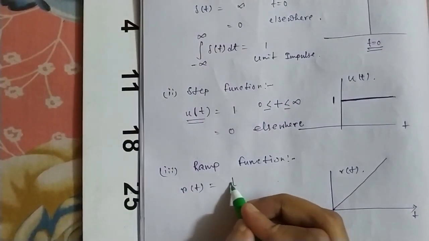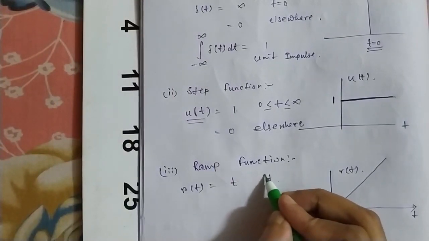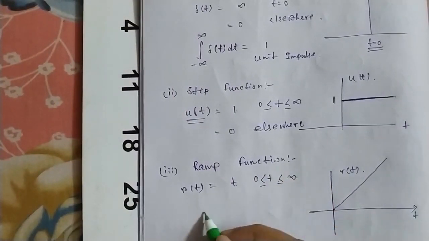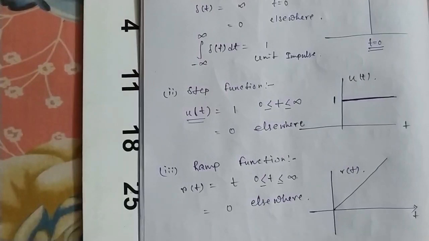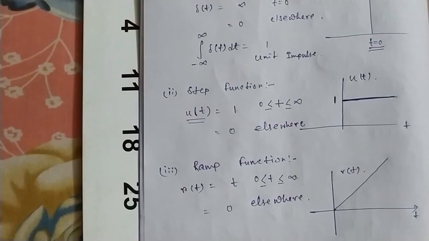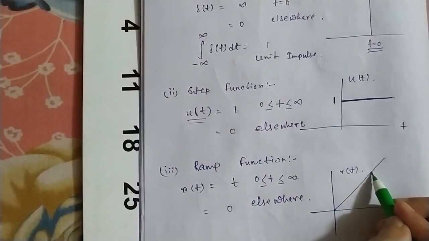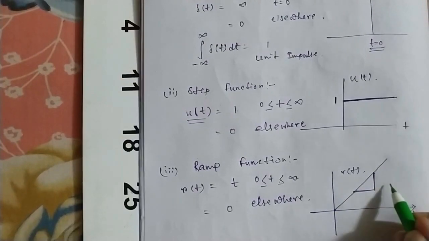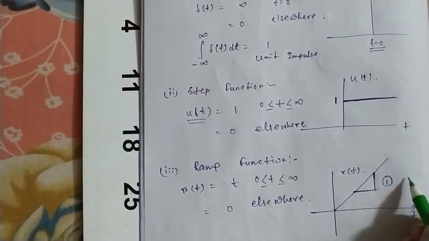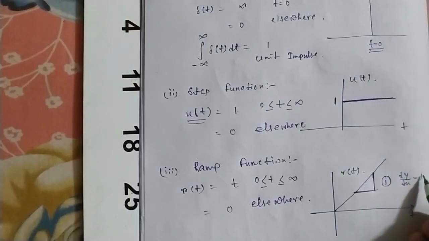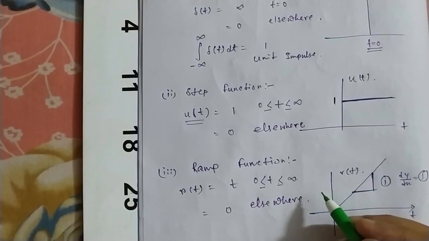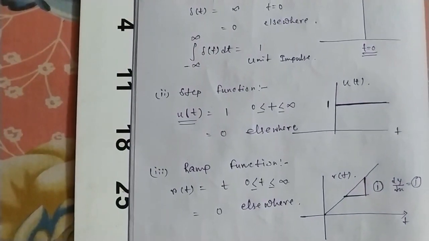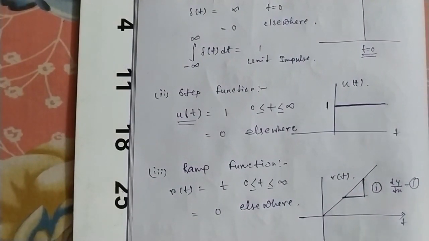R of t is equal to t when t is from 0 to infinity and 0 elsewhere. Okay, so now another thing: when the slope of this ramp is 1, that means dy by dx is equal to 1, then this is known as unit ramp, and otherwise this is known as only ramp. If the slope is 1, then that is unit ramp function.